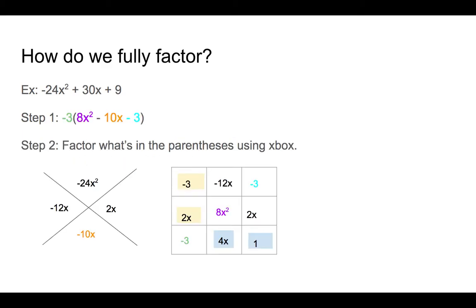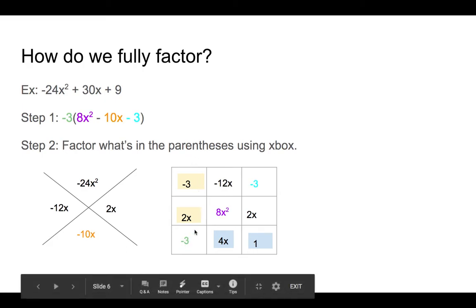So now step 2 is I'm going to go ahead and factor the 8x squared minus 10x minus 3 using our x box. And you'll notice I put some things in color because I want to make sure you know who goes where. So the negative 3 we took out at the beginning kind of hangs out here in the corner. We're not going to deal with it.